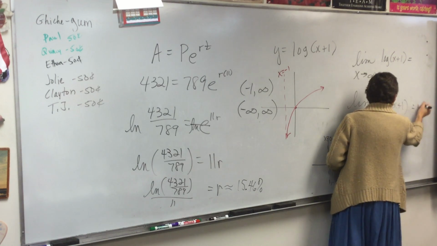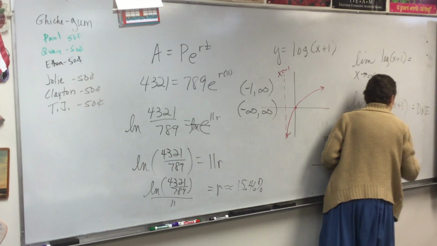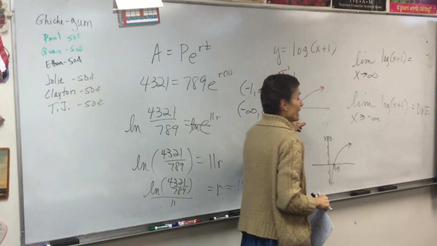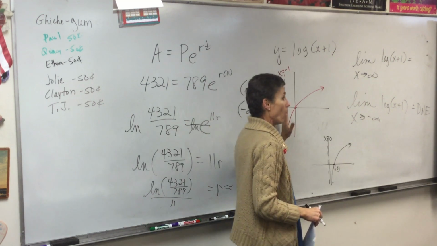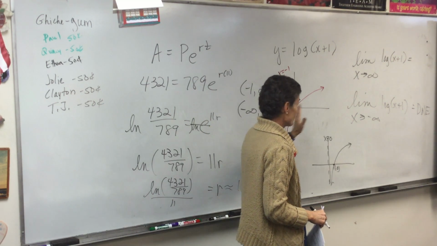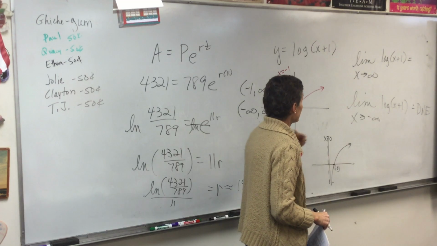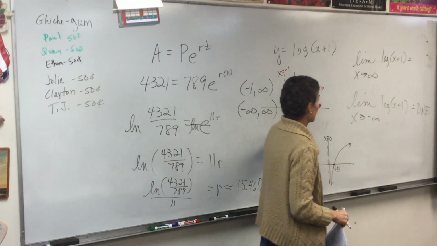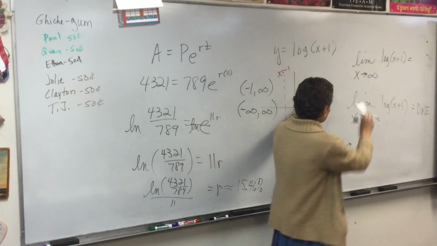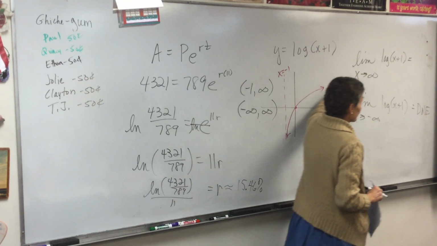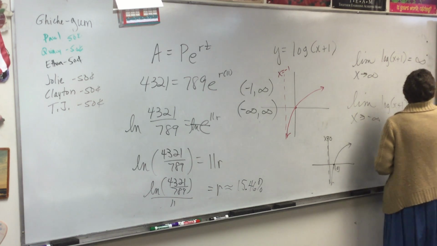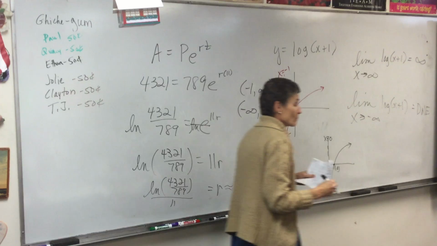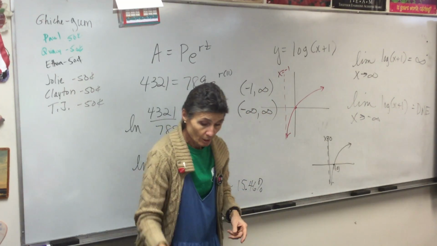This one does not exist, because can you head toward negative infinity on this picture? There is a wall right here. So this particular curve has no left end. Now what's happening to it on the right side? As x approaches infinity, as we go farther and farther to the right, what's happening to the curve? It's going to infinity. It's going up.